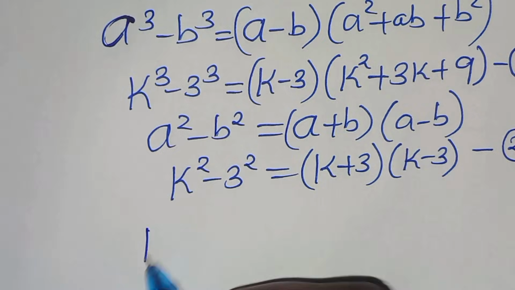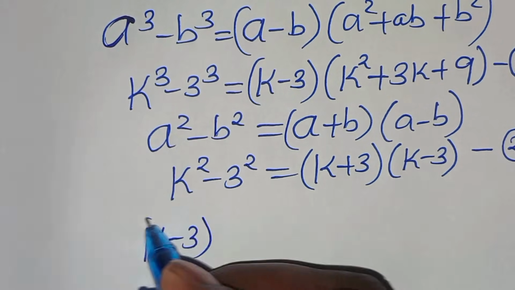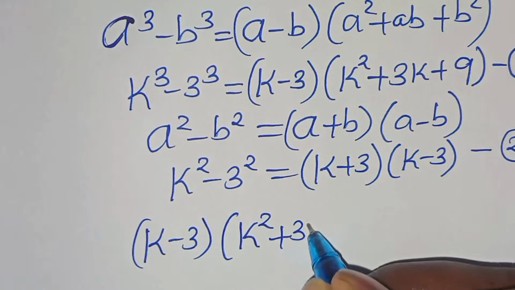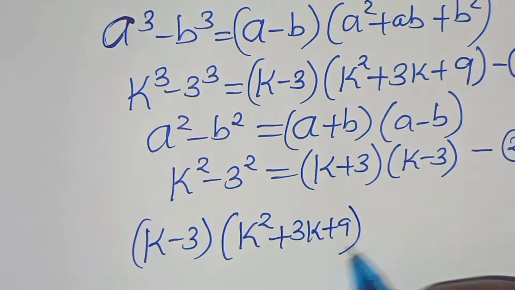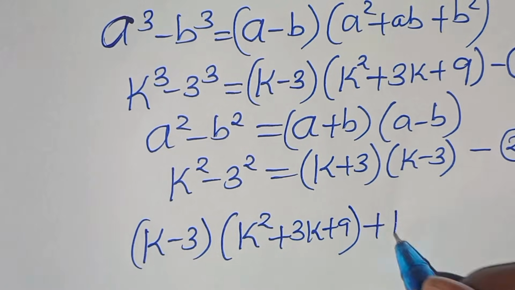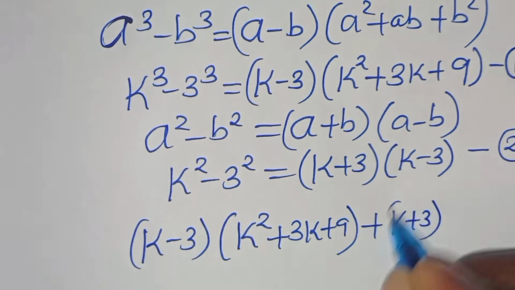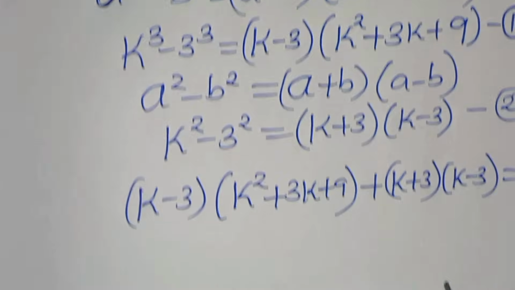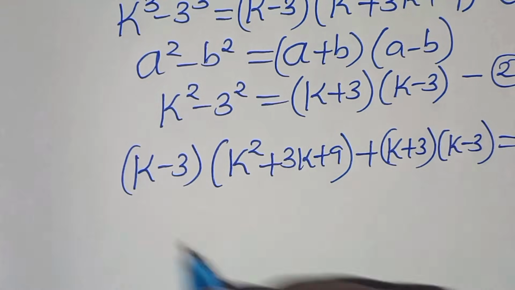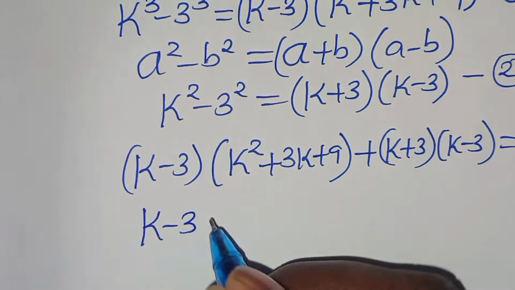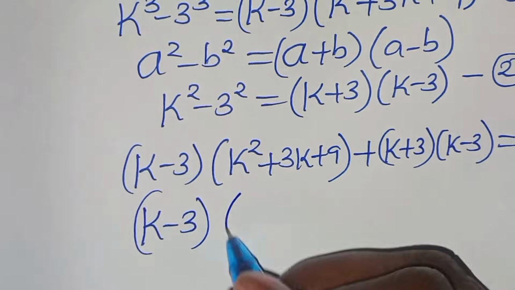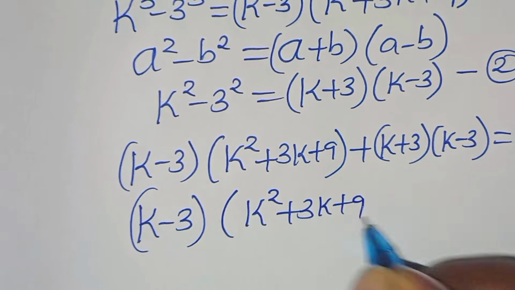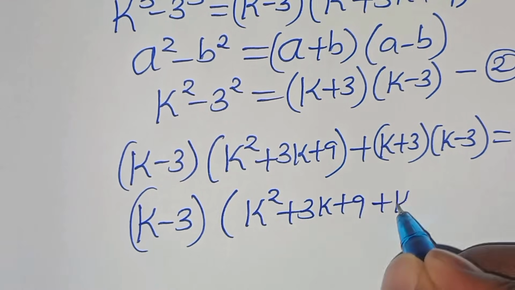So we have k minus 3 times k to the power of 2 plus 3k plus 9, then plus k plus 3 multiplied by k minus 3. This is equal to 0. K minus 3 is common here. We factor out k subtract 3, so that now this is k squared plus 3k plus 9, then plus k plus 3.